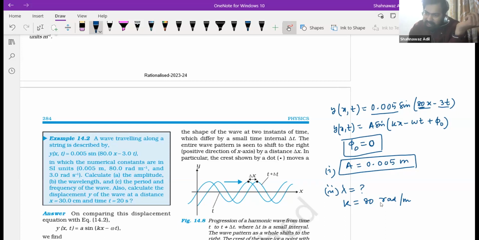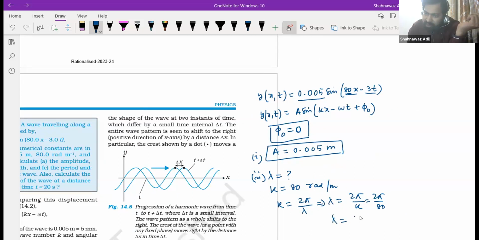So K is 80 radian per meter, and we know that K is 2 pi by lambda, right? So lambda is 2 pi by K, and K is given as 80. So then we can calculate what our lambda would be.